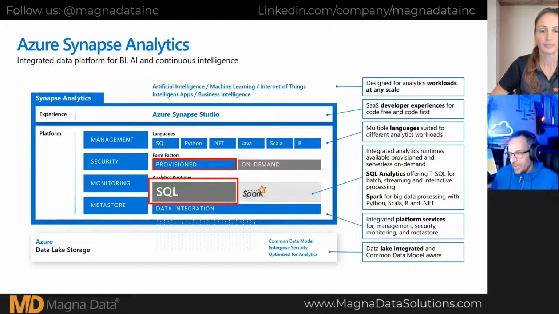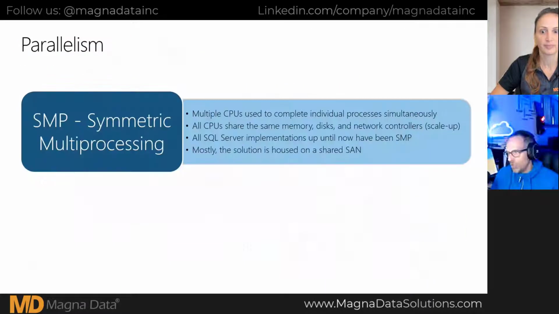And here in Synapse, you have a data warehouse that is a completely different engine, a completely different architecture behind the scenes. When we are talking about Azure SQL, SQL Server, Managed Instance, and so on, we are talking about SMP, symmetric multiprocessing. So you can have multiple CPUs that are used to complete a process simultaneously. All the CPUs share the same hardware. I mean, the same memory, disk, network, and so on.